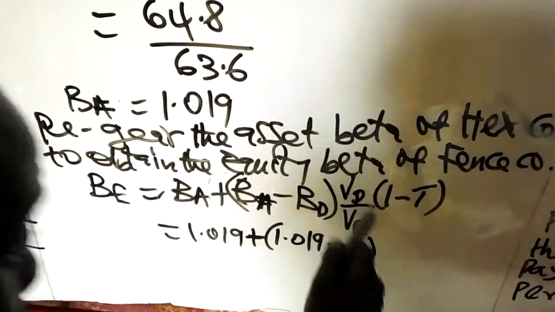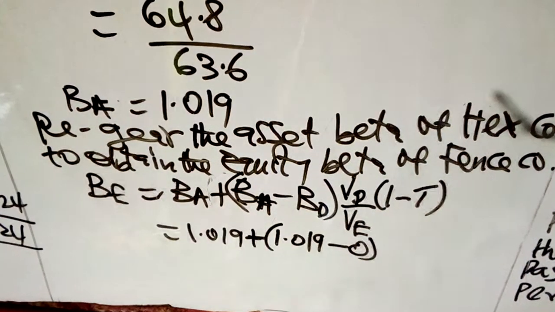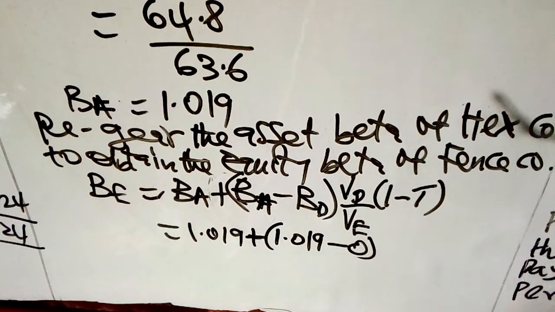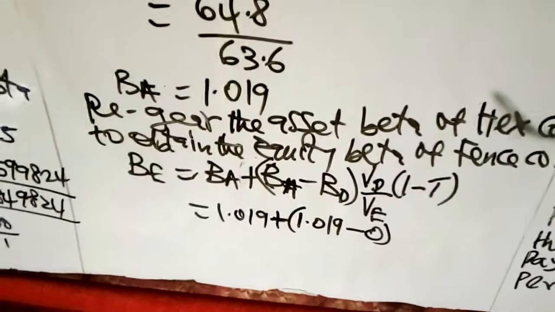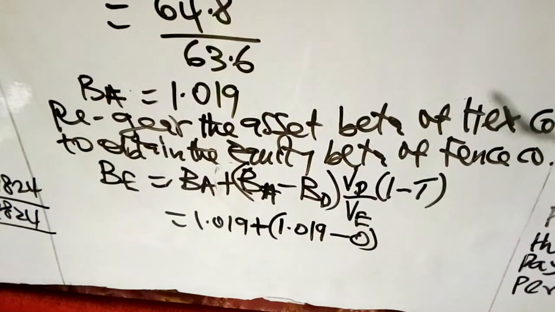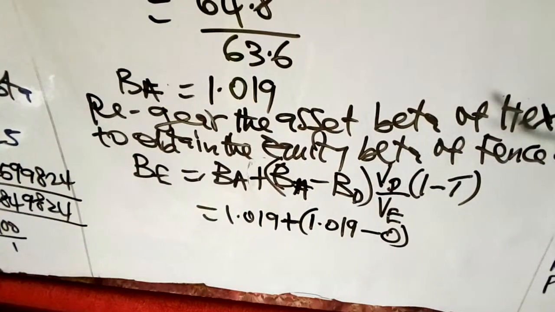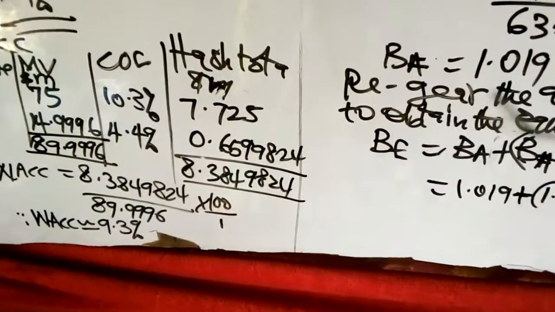And what is the market value of debt and the market value of equity of FENSCO? You go back to where you were given the information. We obtained the market value of debt and equity of FENSCO the other time in the A aspect.